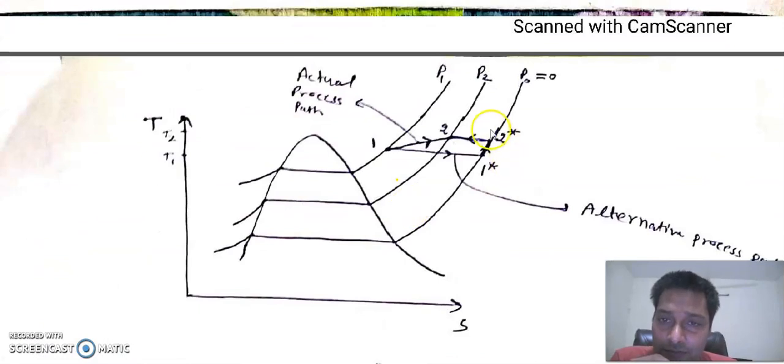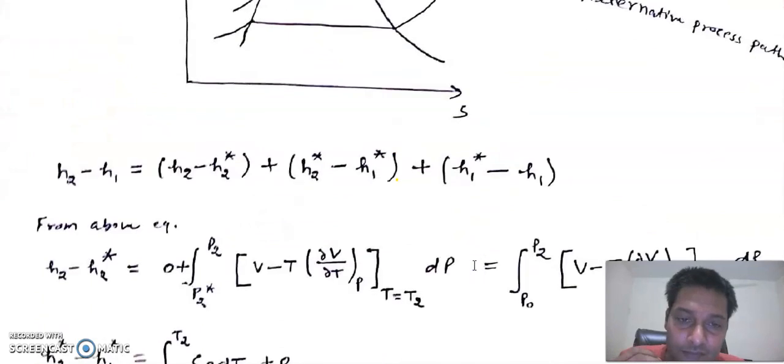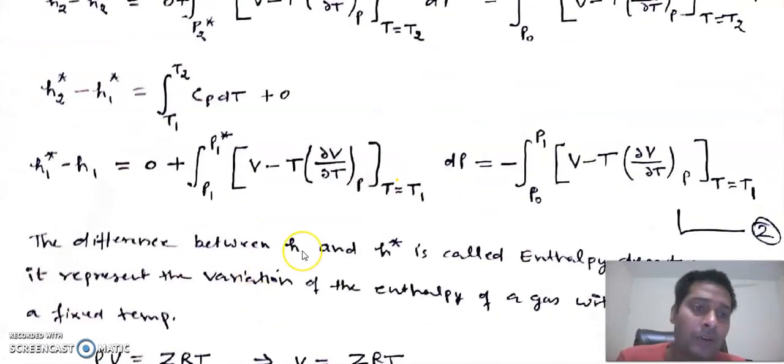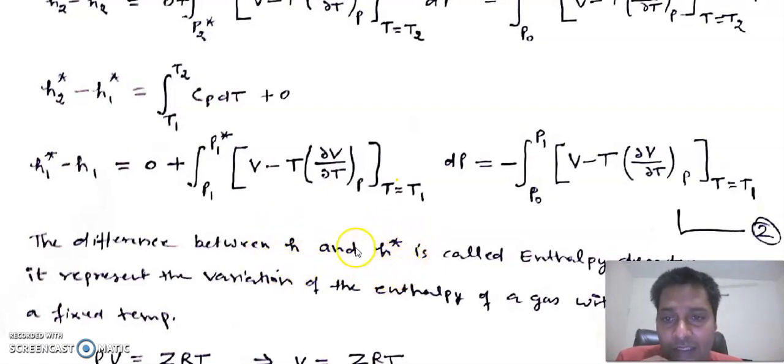Now the value of enthalpy of gas during this process will be equal to the value of enthalpy for an ideal gas, because here the gas will behave similar to an ideal gas at such a low pressure. If we generalize this equation, and I assume H is enthalpy at any pressure and H star is enthalpy at 0 pressure, at 0 pressure gas behaves similar to an ideal gas.